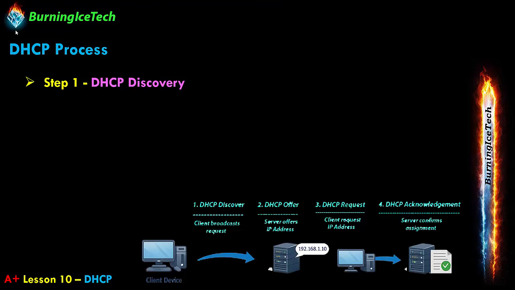Now, funny enough, it's not just the DHCP that's going to be receiving that communication or that broadcast, as they call it. Actually, everything on a network is going to be hearing that. If that doesn't make sense to you guys, imagine this. Me, you, and a whole bunch of people are sitting in the same room, and now I'm calling out your name in the room. Now, of course, you are hearing me call out your name, but everybody else in that room is also hearing me call out your name.